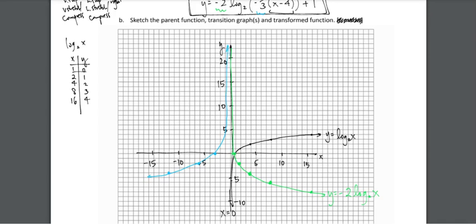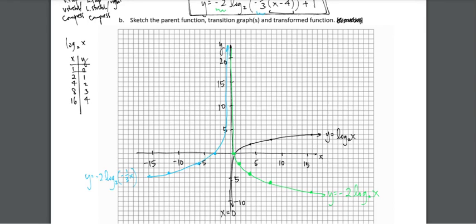And we still have a vertical asymptote at x equals 0, so I'm not going to relabel that. Y equals -2 log base 2 of -1/3 x.